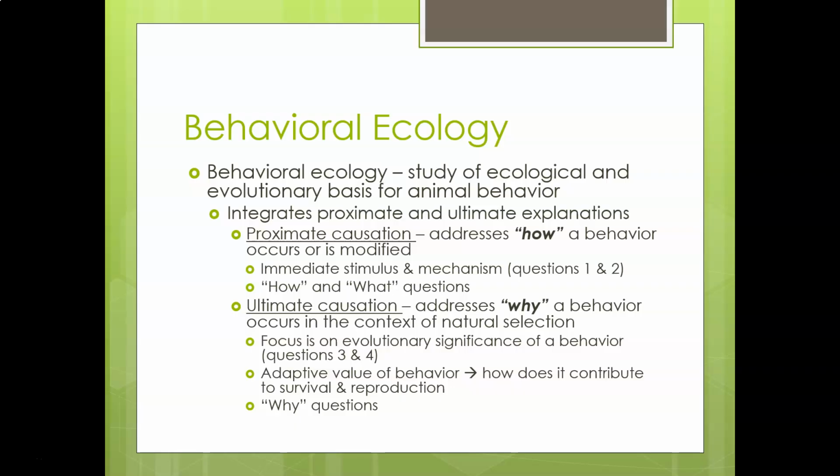So they're how or what questions. The ultimate causation goes back to the evolutionary piece. Why is this behavior occurring within the context of natural selection? How is this behavior not only allowing that organism to survive better than other individuals in the population, but how is it also ensuring better reproductive success?